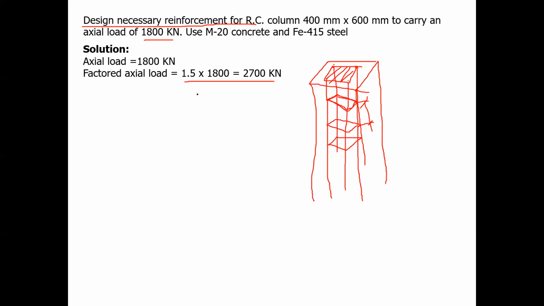Okay. So here even area of the column is given, right? Take down area of the column, that is 400 into 600. So it will be 2,40,000 mm square.